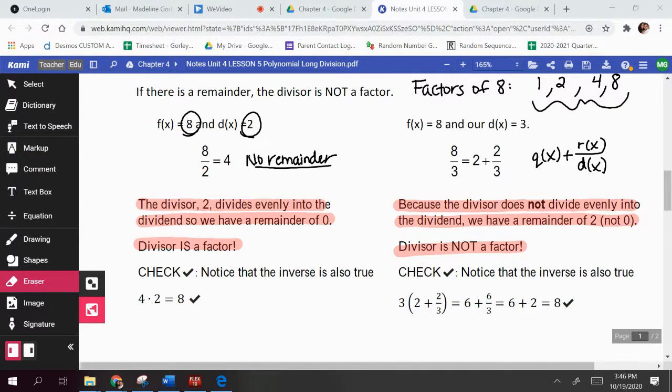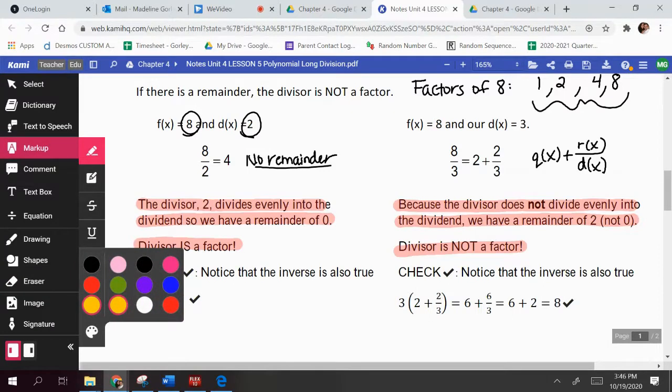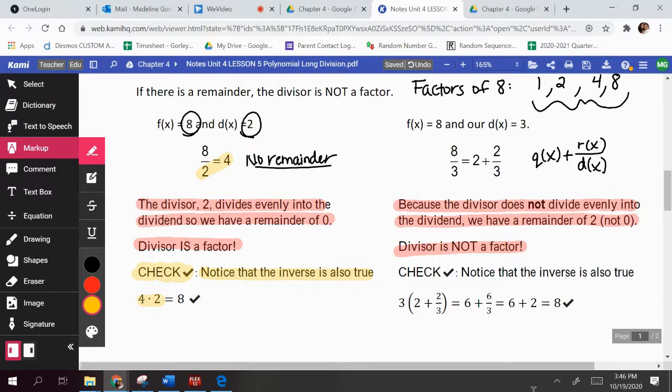Make sure on a test or quiz that you check whenever you do division, because when you do the check, notice that the inverse is also true. If dividing 8 by 2 gives you 4, then multiplying 2 and 4 together should give you 8, and it does. If dividing 8 by 3 gives you 2 2/3, then multiplying 3 times 2 2/3 should get you back to 8.